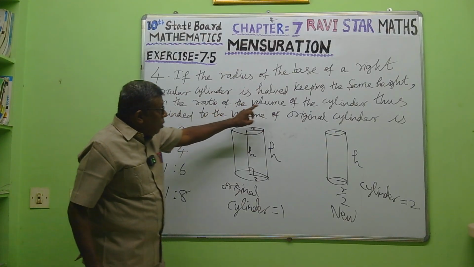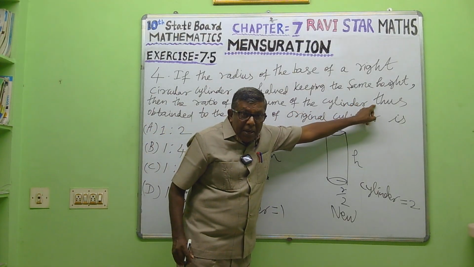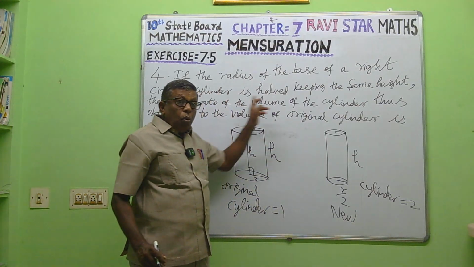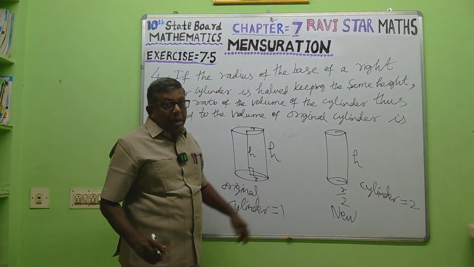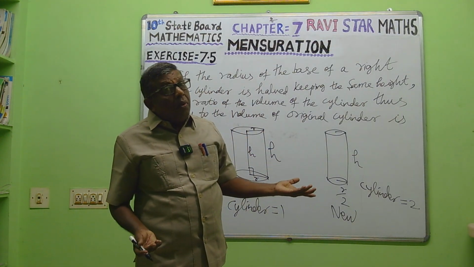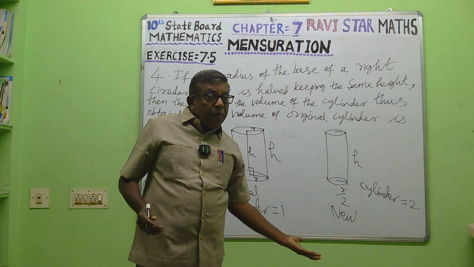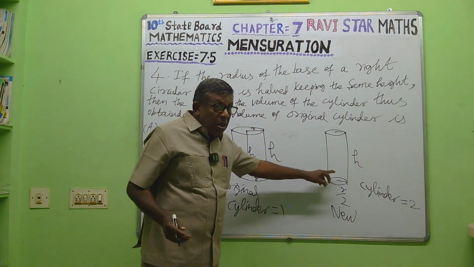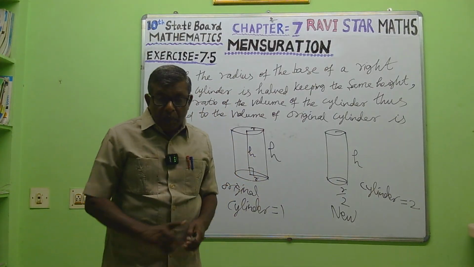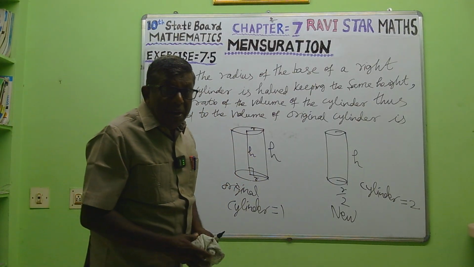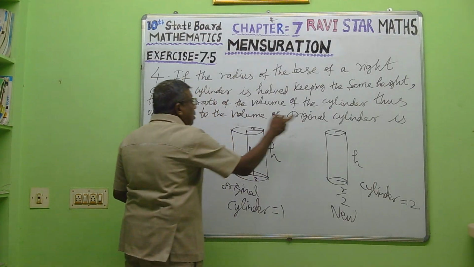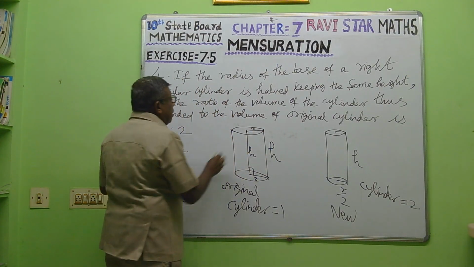Then the ratio of the volume of the cylinder thus obtained. அப்படினா the new cylinder ஓட வால்யூமுக்கும் original cylinder ஓட வால்யூமுக்கும் உள்ள ரேஷியோ என்ன? That is, we wanted to find V2 by V1. V2, volume of second cylinder, to volume of first cylinder.